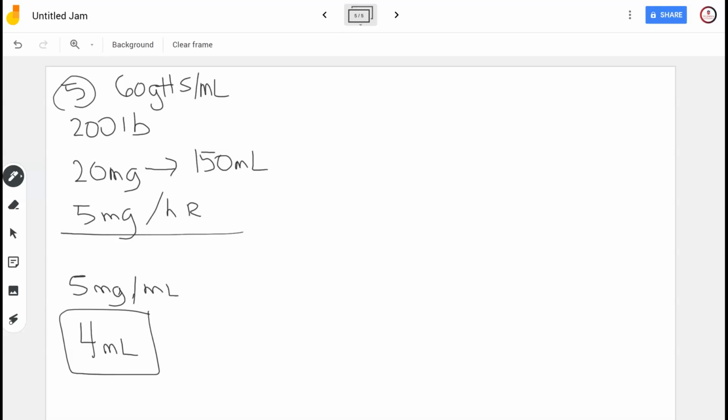So you want to give that patient 5 milligrams an hour, so you're going to find out your concentration. So you have 20 milligrams in 150 mLs.